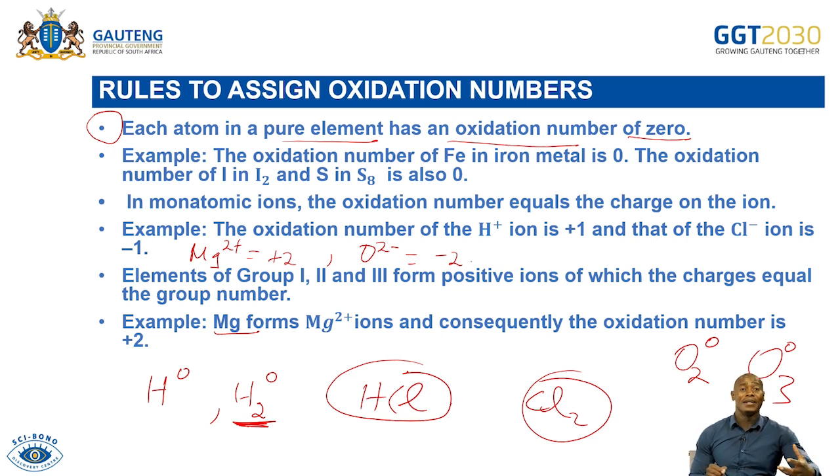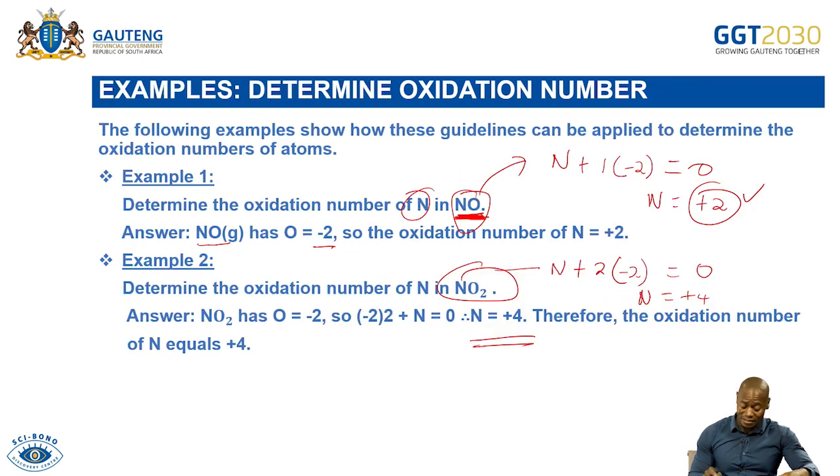But if an atom is on its own, not mixed with any other different atom, then its oxidation number is 0. Even S8 is just 8 atoms of sulfur, not mixed with any other different atom, so its oxidation number is 0. I hope I've answered that question.